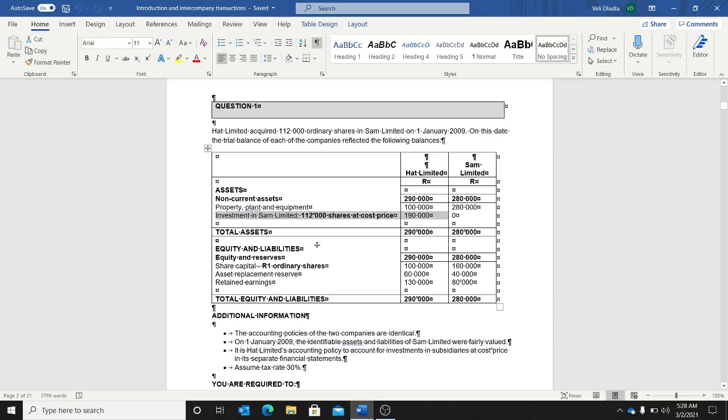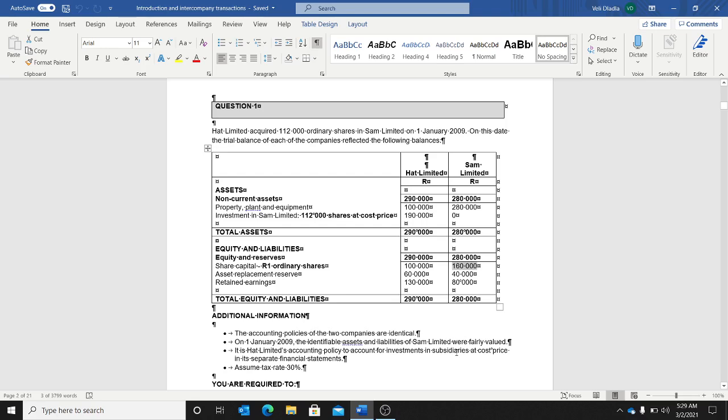Now, what is very key in this is that HAT acquired 112 ordinary shares in SAM, right? 112, which is this number here. SAM, as you can see here, has share capital of 1 rand ordinary shares. They've got 160 ordinary shares. But HAT acquired 112 of the 160.